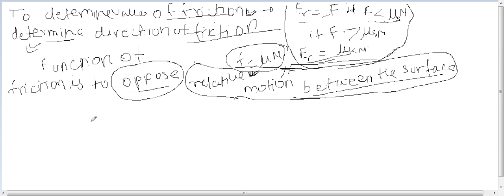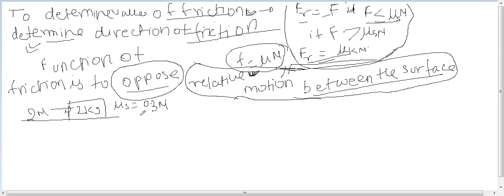In the previous question I told you that this is a surface, and here is a 2 kg block, and here a 2 Newton force is applied. Here mu_s is equal to 0.3.